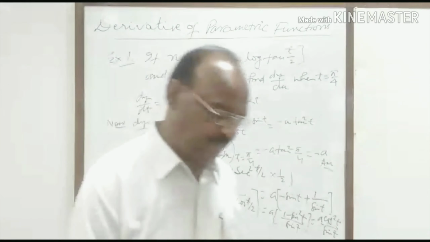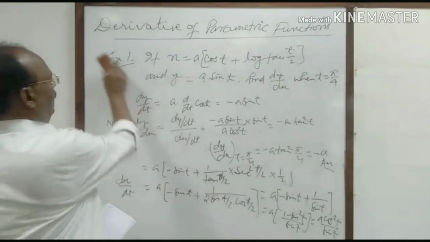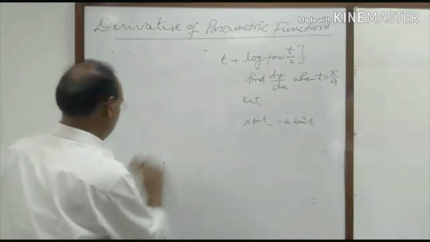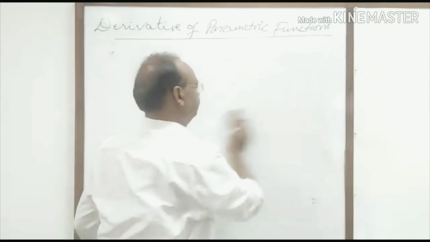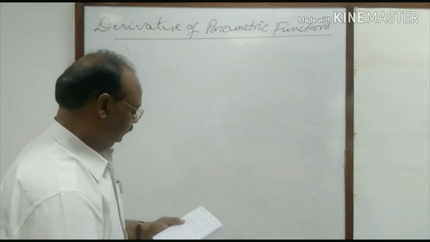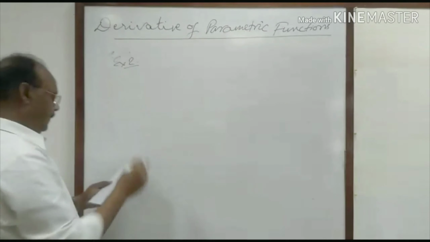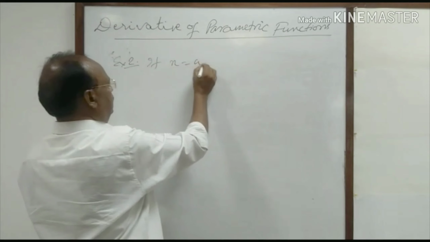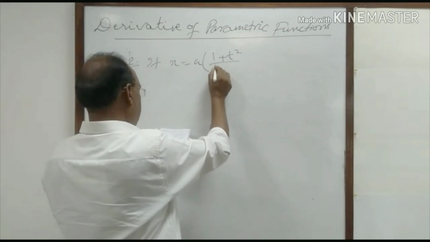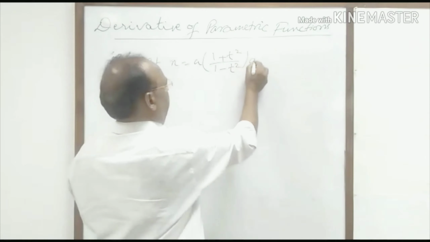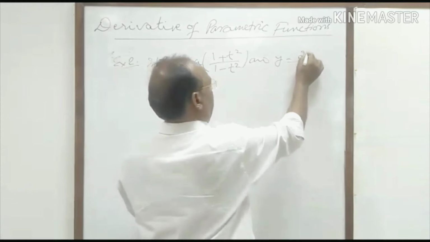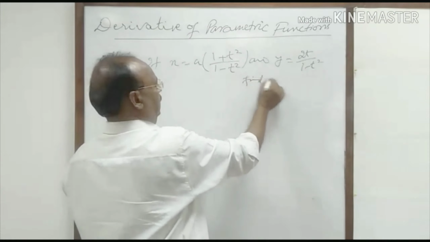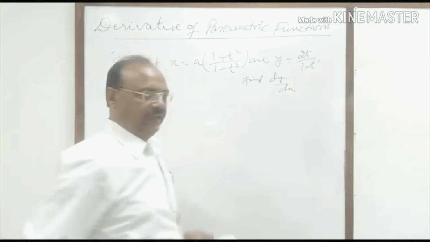Let us see one more question. If x is equal to a (1 plus t square) upon (1 minus t square), and y is equal to 2t upon (1 minus t square), then find the derivative of y with respect to x.